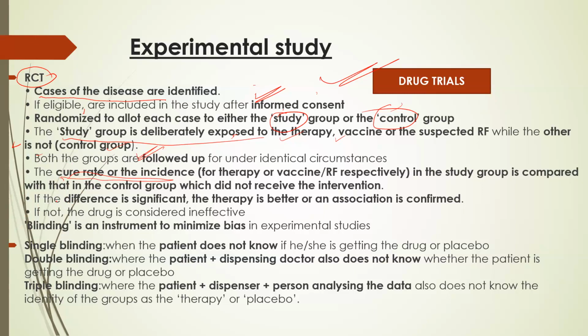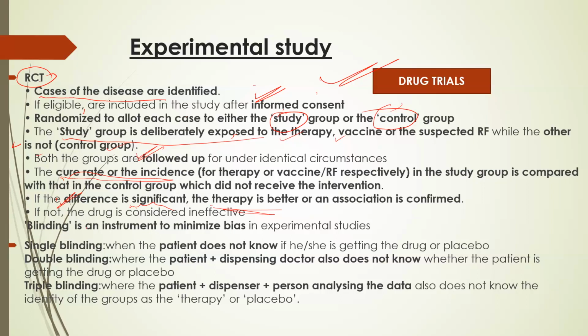If the difference between the two groups is quite significant, that means the therapy or the vaccine is a better curative option. So remember, the difference between the two groups with respect to the disease-free individuals should be high or significant. Like I said, if drug trial is mentioned, mark RCT.